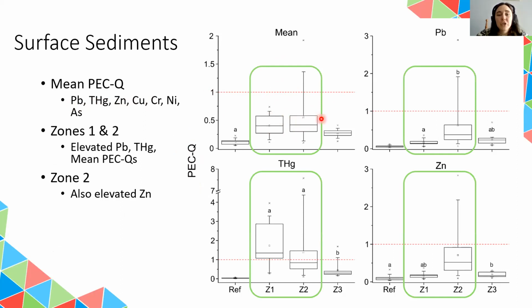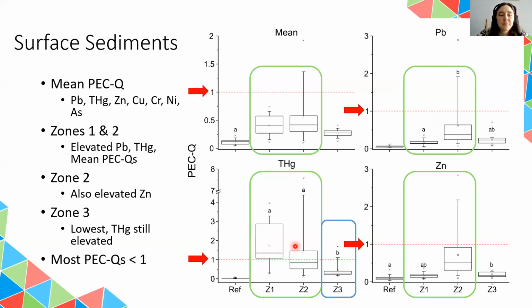Notably, zones 1 and 2 are elevated in our total mercury, as well as in our lead, and then zone 2 in our zinc relative to our reference sites. And then zone 3 is lower, but also still elevated relative to our reference conditions. So we do see sedimentary contamination in these sites. But again, to note, most of our values are actually below this threshold value of 1, with the exception of mercury, which tends to be quite elevated.